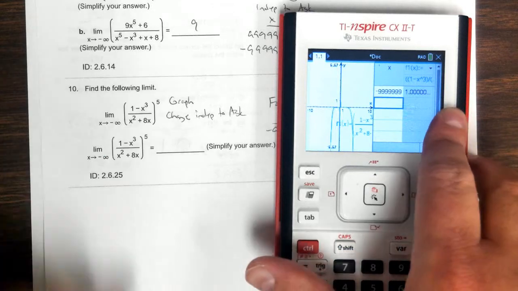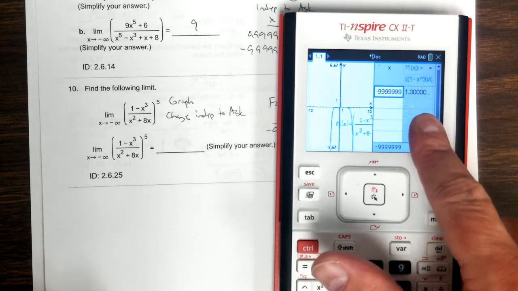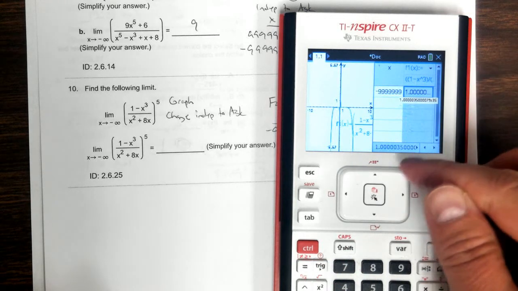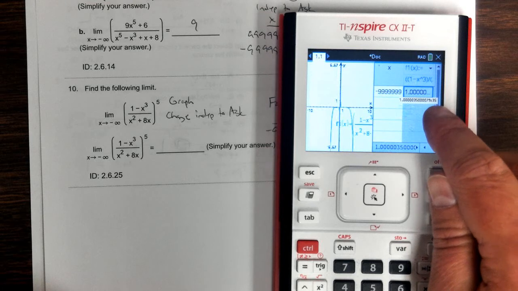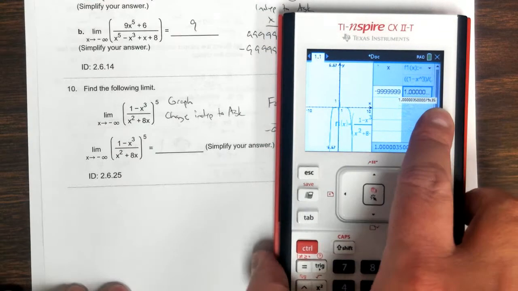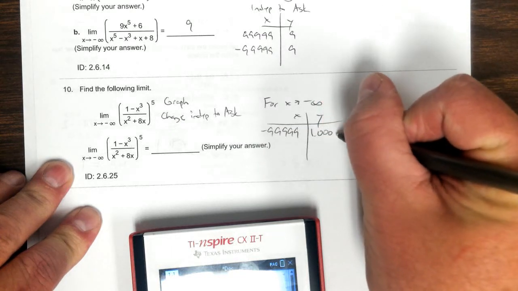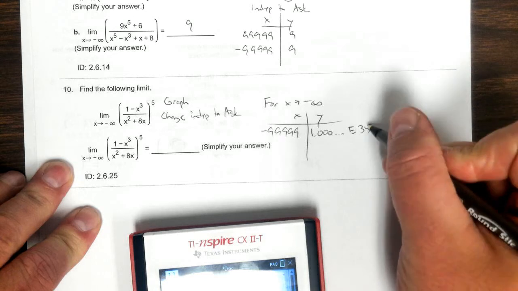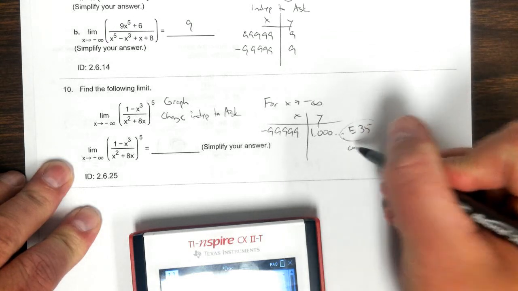And so I get 1. But that's misleading. Why it's misleading is if you actually go to it, it has 1, and then over here it says e to the 35. So be very careful if it has that, because in my case, e to the 35th means you should interpret that as infinity.